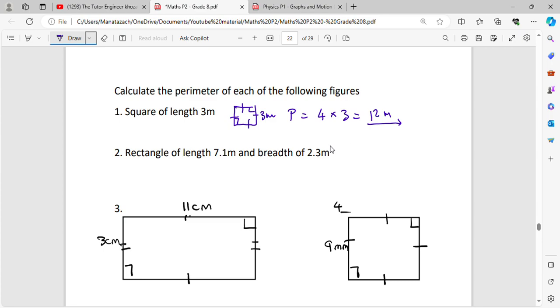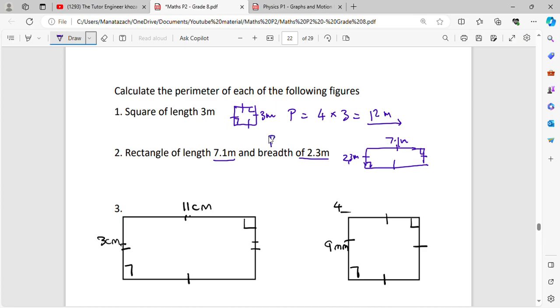And then for the second question, the perimeter of the rectangle with length 7.1 and breadth 2.3. So this particular rectangle looks something like this. This side is equal to that side, being 7.1 meters, and these two sides are equal, being 2.3 meters.